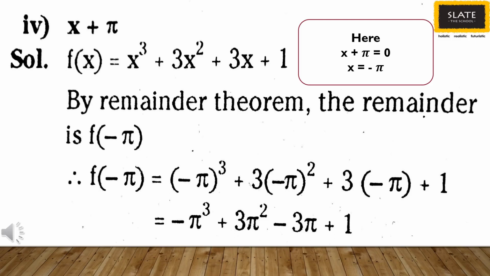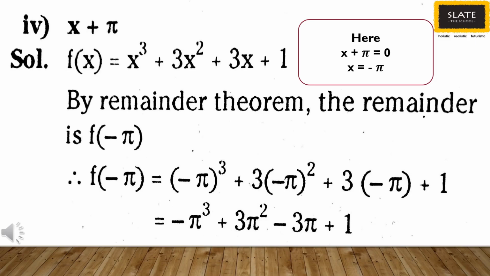f of minus pi is equal to minus pi whole cube plus 3 into minus pi whole square plus 3 into minus pi plus 1. Minus pi whole cube is minus pi cube plus 3 into minus pi whole square is pi square.